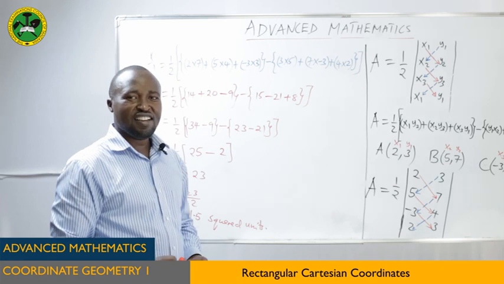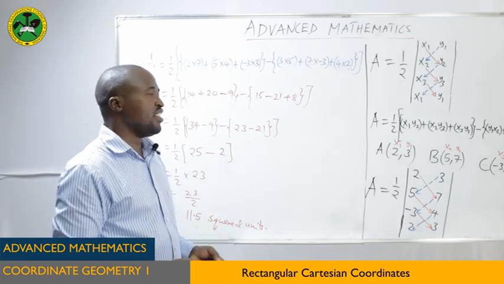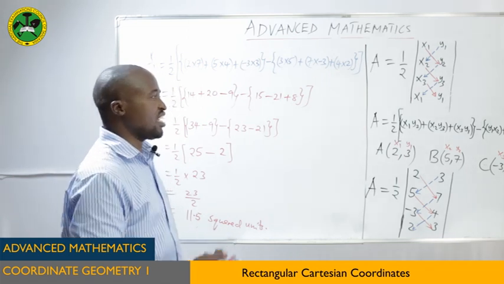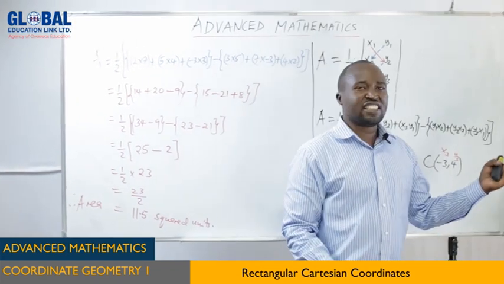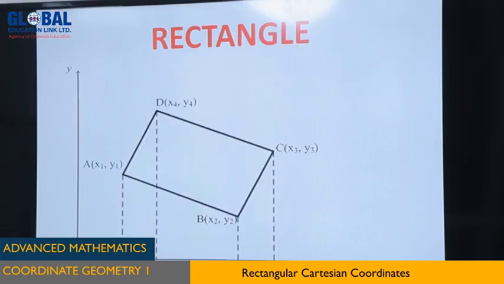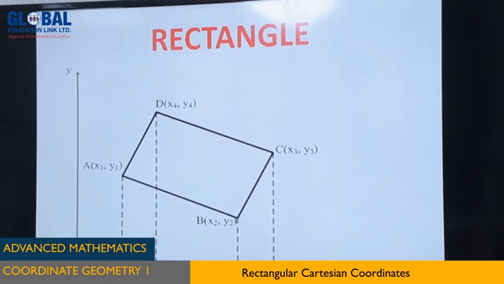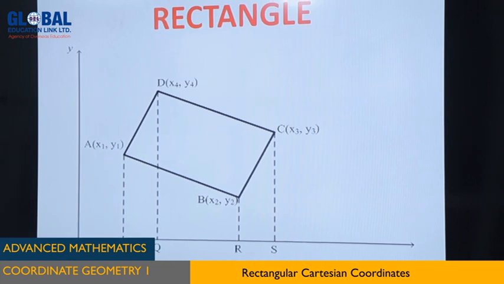So again, my dear student, let us proceed with the area of a rectangle. This time we are going to discuss the area of a rectangle. So here we have a rectangle drawn in XY plane. This rectangle has 4 coordinates. Coordinate A, that is x1, y1.